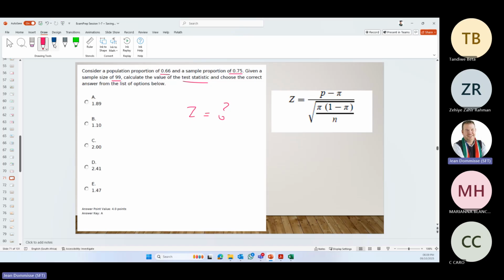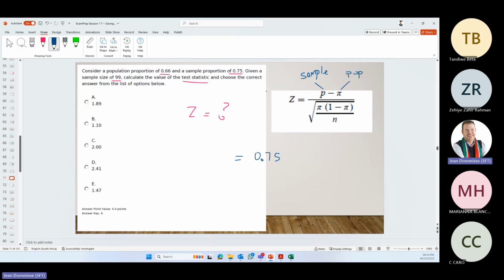Luckily there wasn't a negative value in here. So that tells me that the sample proportion is 0.75. Make sure that you know that that is the sample, and that is the population.